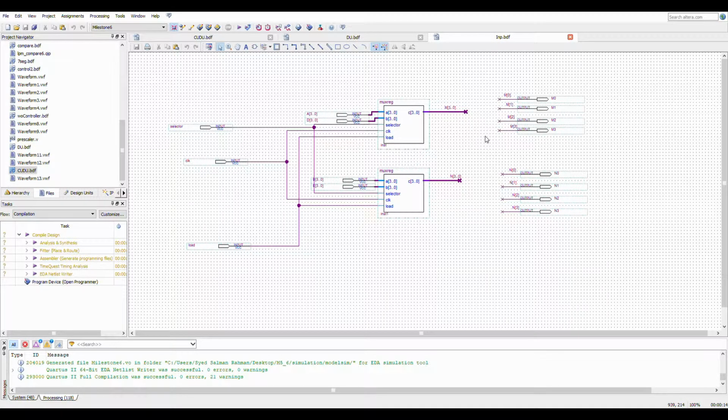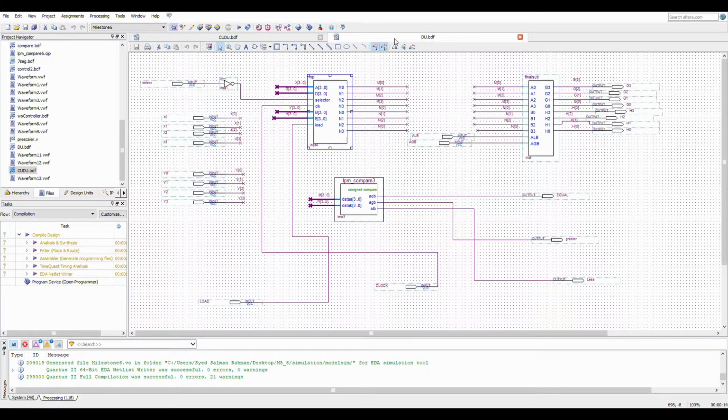If we put A as 9 and B as 3, then for the next cycle A will be 6 and B will be 3, which means A has to be updated with the new value of A. This is why we had to use the input component.